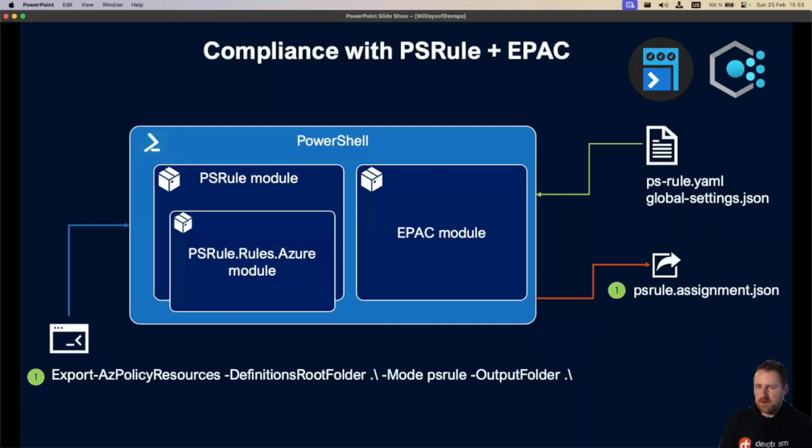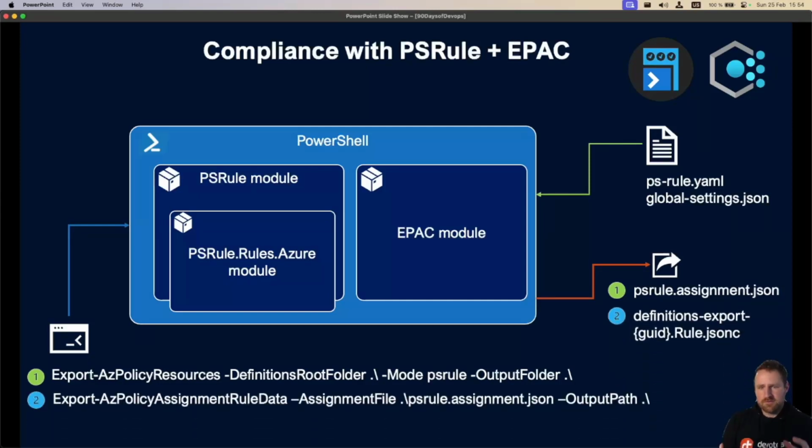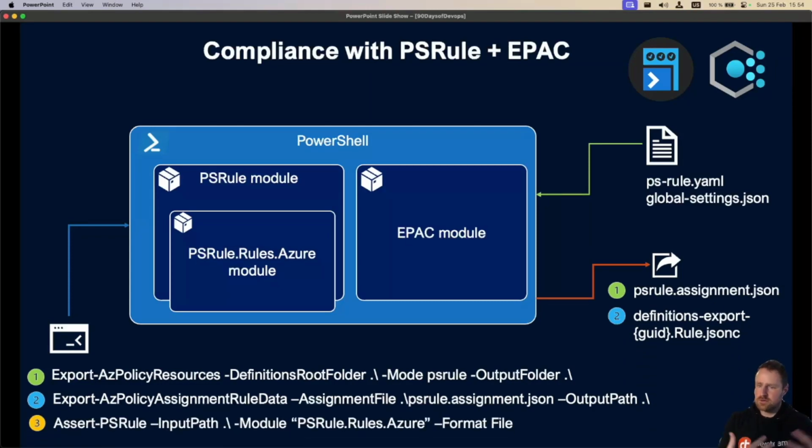We install both, or all three to be specific, PowerShell modules, and then we run a specific series of commands that will allow us to look into our real environment in Azure, export all the policies that were applied in the environment that I'm targeting, convert them into a format that PSRule can understand, and then I will assert PSRule, using the same command that I used before to validate my code against WAF recommendations, and I will target only the rules that were exported through the EPAC module. Sounds cool, doesn't it?